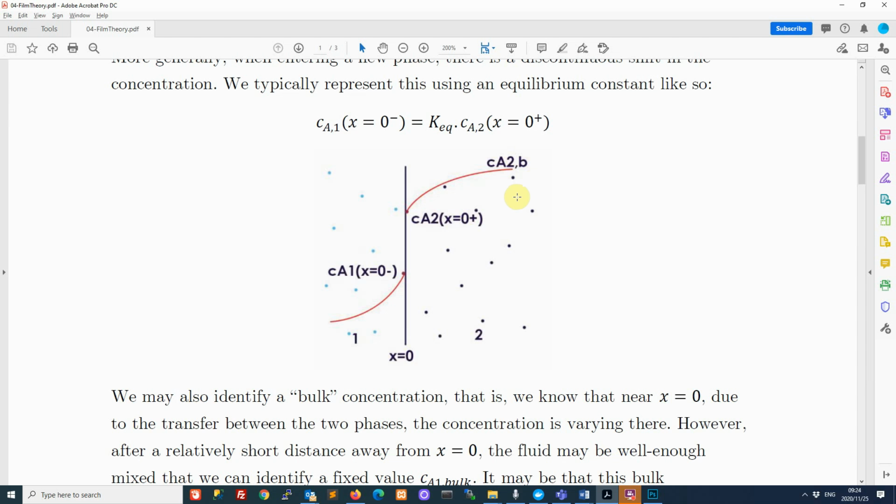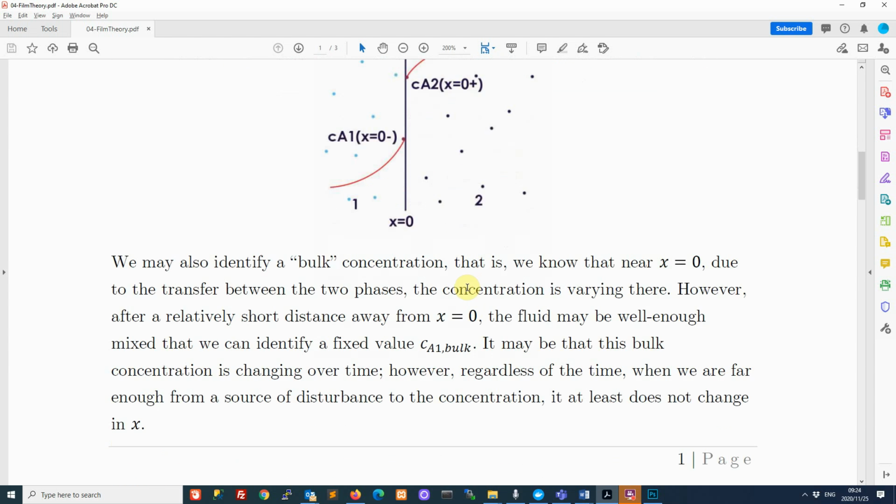I know I'll get something like dc/dt equals diffusivity times d2c/dx squared. So I know I can write the diffusion equation here. However, I don't want to deal with that right now. I would like to simplify this picture down to a nice easy form for me to work with.